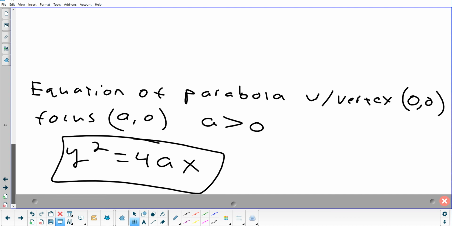Now, we want to be able to look at that equation and identify if it's opening up, down, left, or right. So I told you this one opens to the right. The way you can tell by looking at the equation which way it opens, there's a few ways you can tell. But you look at the variable that's here, and you look at the number that's there.